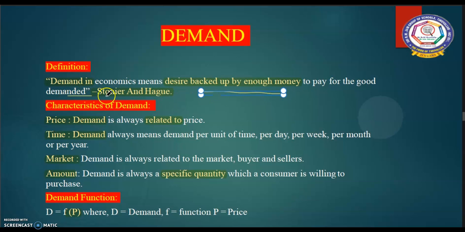This is a famous quote given by Stonier and Haig. So, demand in economics is the desire to possess something and the willingness and the ability to pay a certain price in order to possess that particular thing.